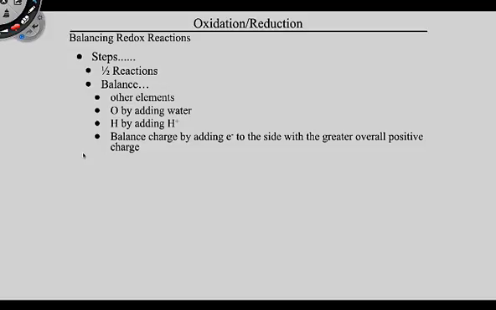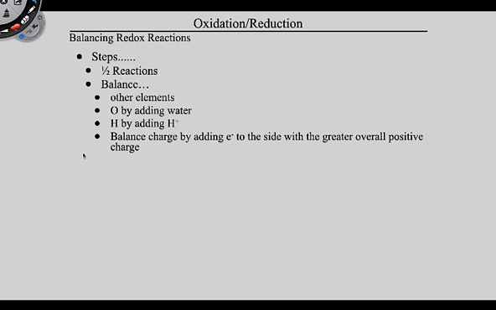Understand, guys, you will never subtract electrons. You will always add electrons. And now you're saying, wait a minute, I thought oxidation was the loss of electrons. So shouldn't we be subtracting them? And the answer is yes, oxidation is the loss of electrons, but rather than subtract them, we will make them a product. You'll see in a minute.